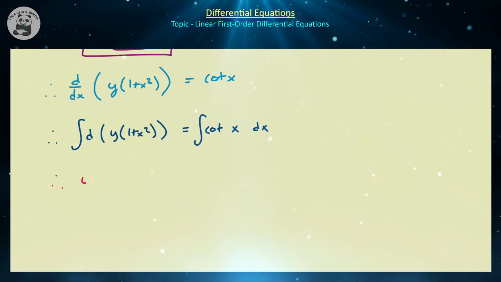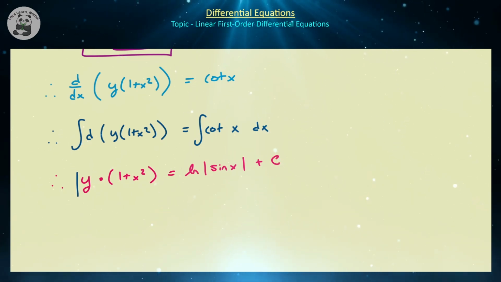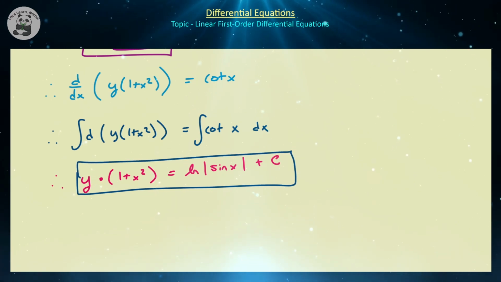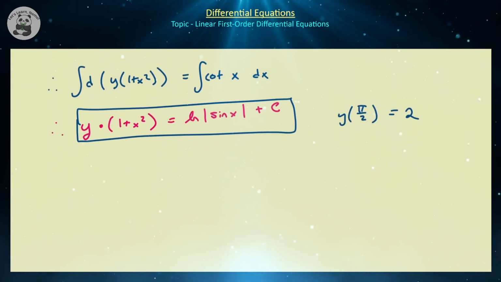So we're going to have y times 1 plus x squared, and the antiderivative of cotangent is going to be the natural log of the absolute value of sine x plus some arbitrary constant c. Right? So once we have this, we can go ahead and find our constant c, because we know that y of pi over 2 must be equal to 2, and we can keep this as an implicit solution since we're going to have a bunch of nasty fractions going on.